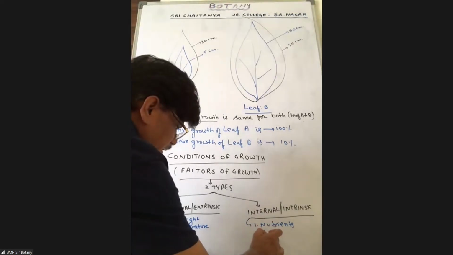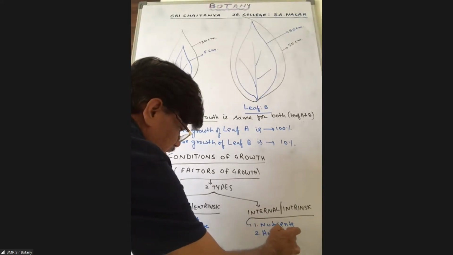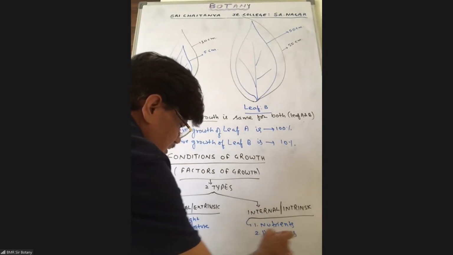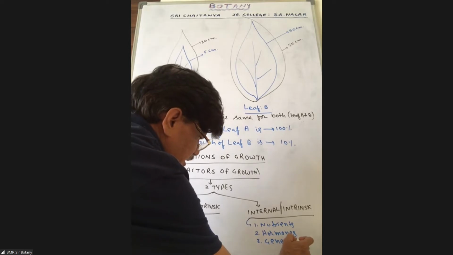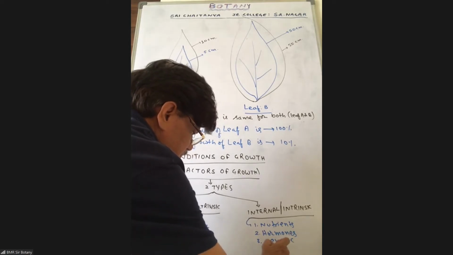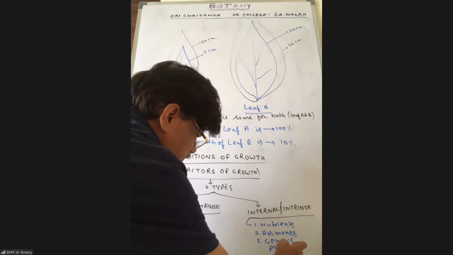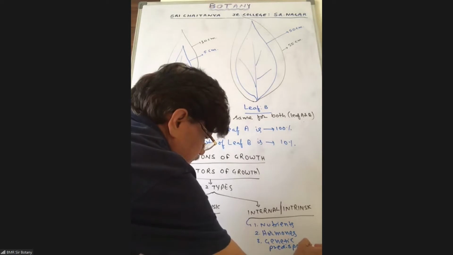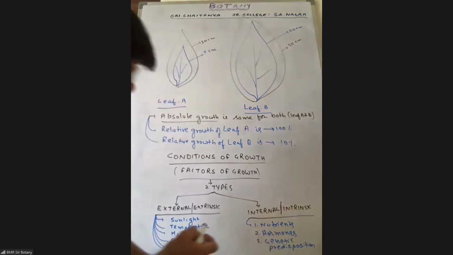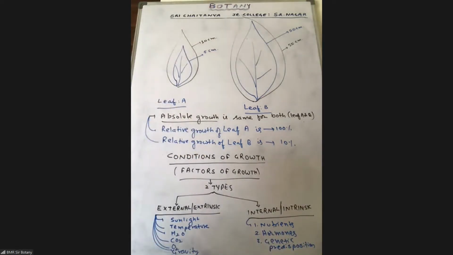Two, hormones, which we call growth hormones. Three, genetic predisposition, so genes also, determined by the genes.